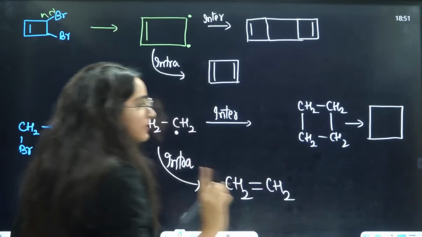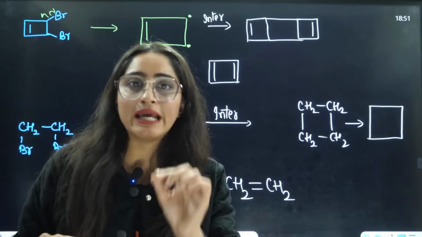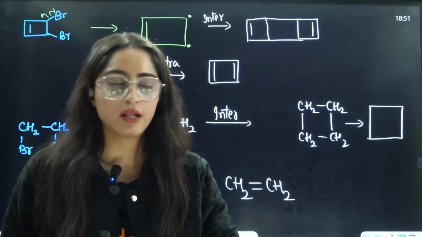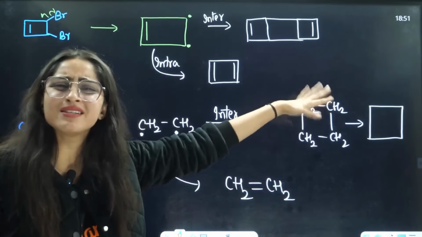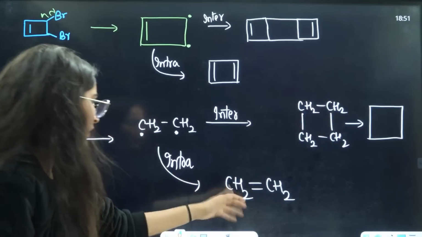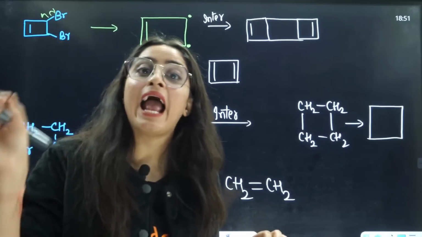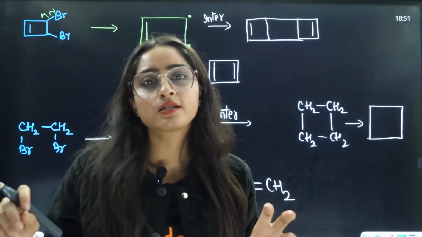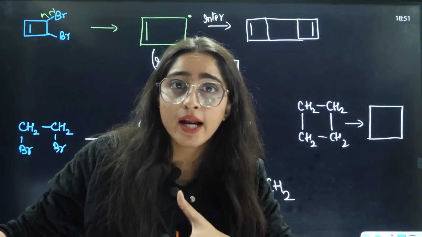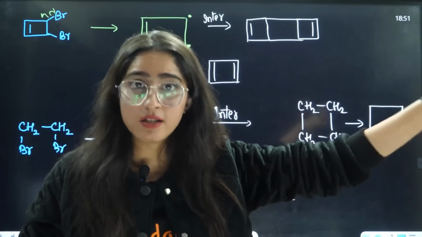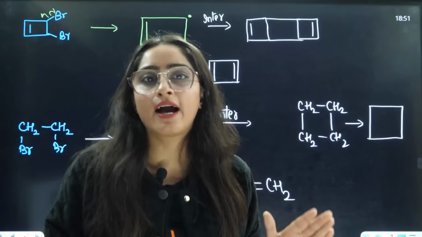Now, a very important thing I am telling you: usually intramolecular is stable. So here, I will not even look at intermolecular. I'll just look at intramolecular. The intramolecular product should not be anti-aromatic, because anti-aromatic is a very unstable compound, right? If you ever see that anti-aromatic is forming, you will just stop that reaction.